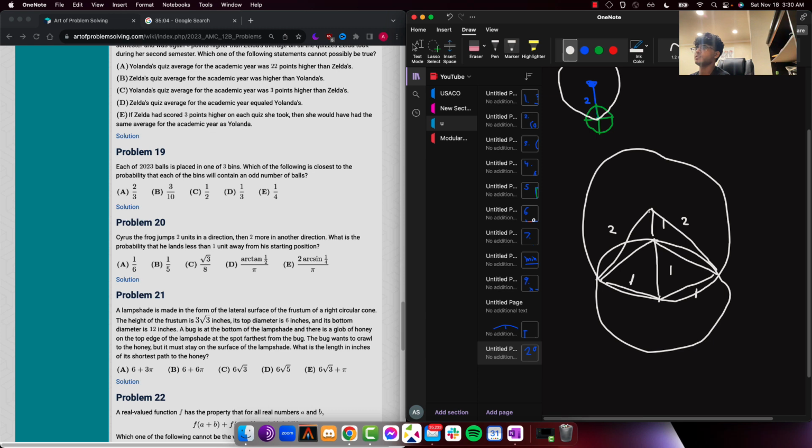A over sine A equals B over sine B equals C over sine C. We don't know any of these angles though.